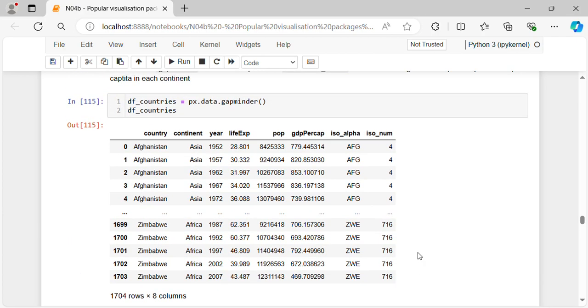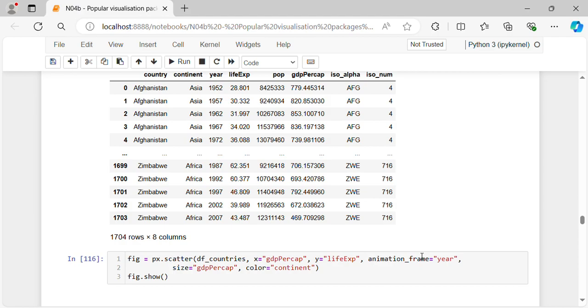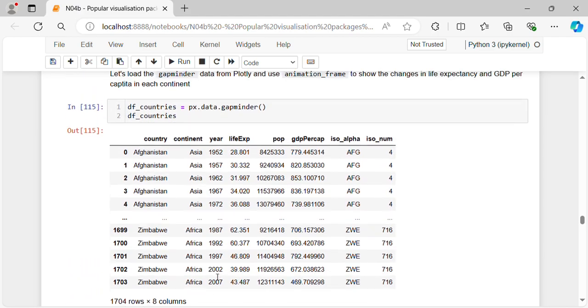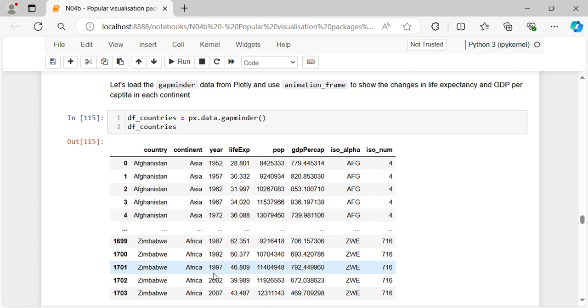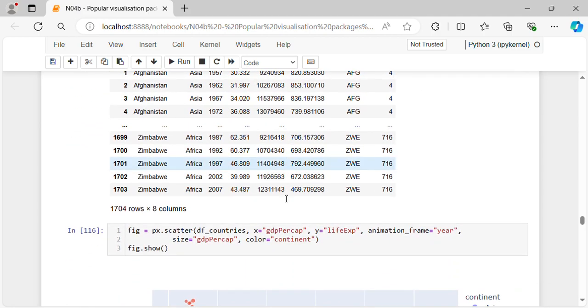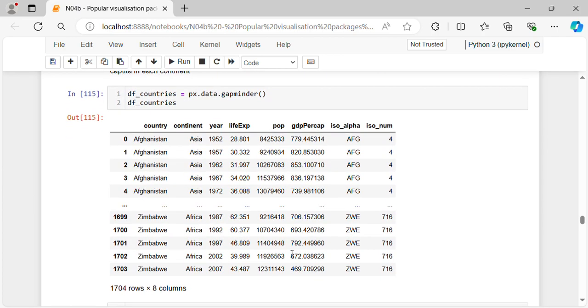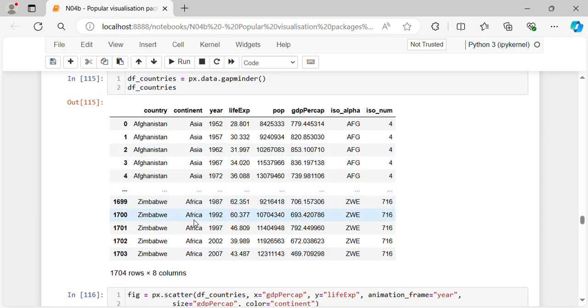So the scroll bar which shows the animation frame represents the year, size equal GDP per capita. So the size of the bubbles will be shown by the GDP per capita, color equal continent. So the color of the bubbles shows the continent.